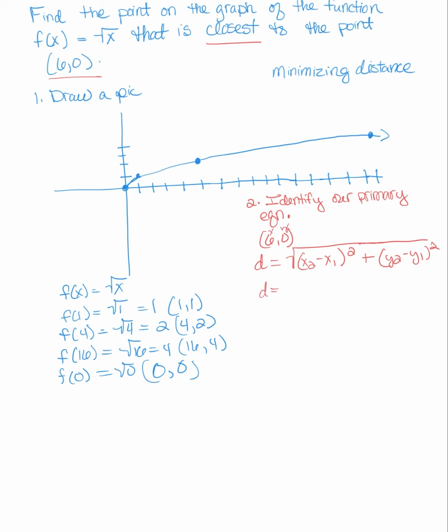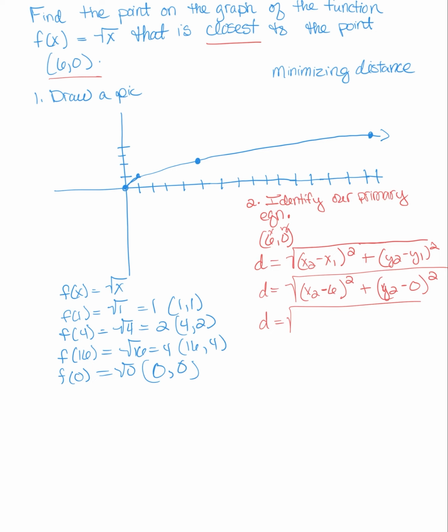So we'll do it like this. d equals the square root of, we'll make it x1. So we'll say x2 minus 6, and we'll do it the other way to show that it doesn't matter which one you choose. So we'll say x2 minus 6 squared plus y2 minus 0 squared. So d equals the square root.